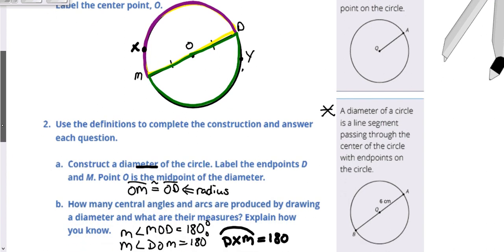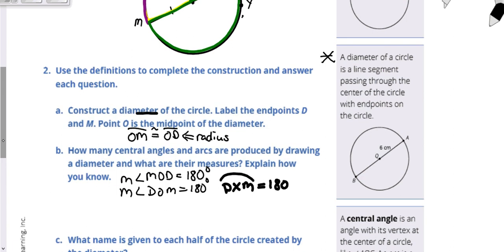So for MOD, we're going to have an arc, and I'm going to run out of room, so I'm just going to put it down here. We're going to have MYD. The arc is made with an arc symbol, and that's also equal to 180 degrees.